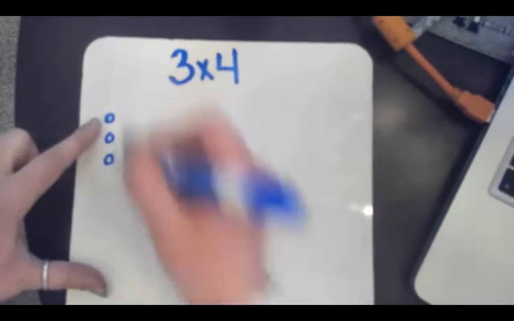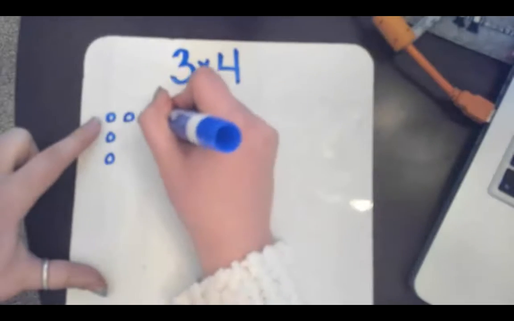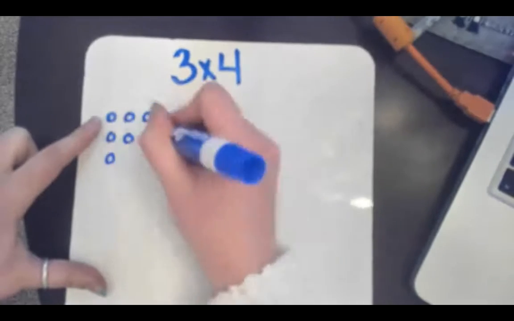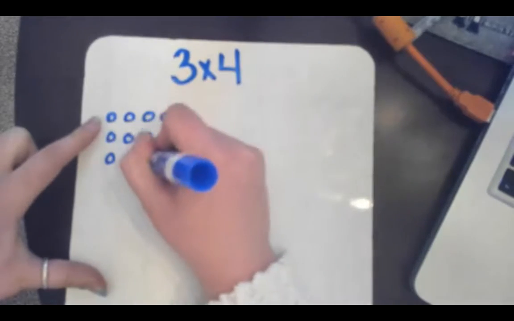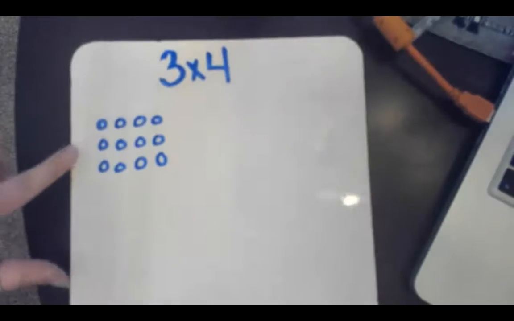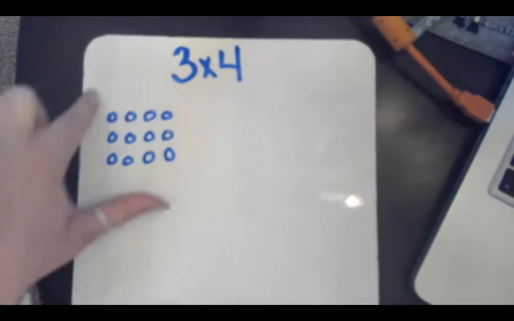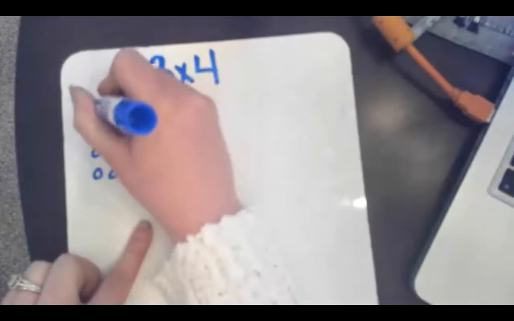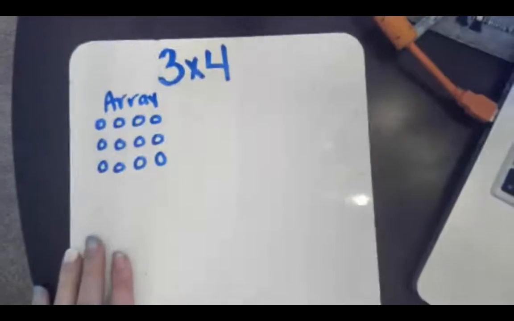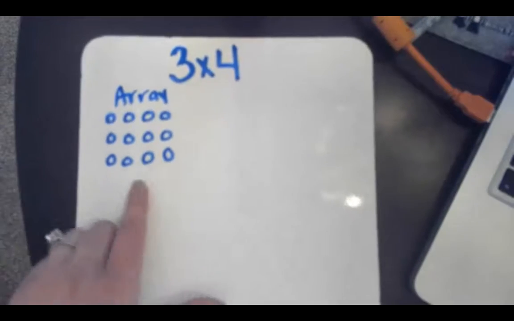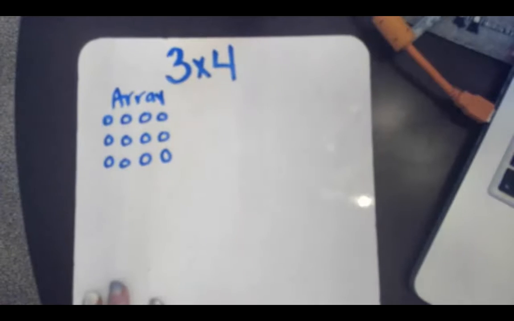I already have 1, so I'm going to add 2, 3, 4, and I'm going to do that for all of these so that I have 3 rows with 4 in each row. The total number of pieces here is the answer to 3 times 4. So that's my array strategy, and I have 12 pieces here, which is 3 times 4.